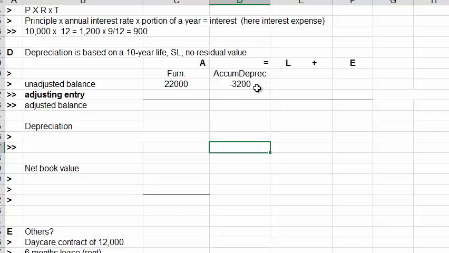Again, similar to expenses, if I asked you what was the balance in the accumulated depreciation account at the beginning of year 3, you would simply say $3,200 because accumulated depreciation should normally be a negative asset. In the equation, though, since we're showing this under assets, that's where you see it as a negative account.